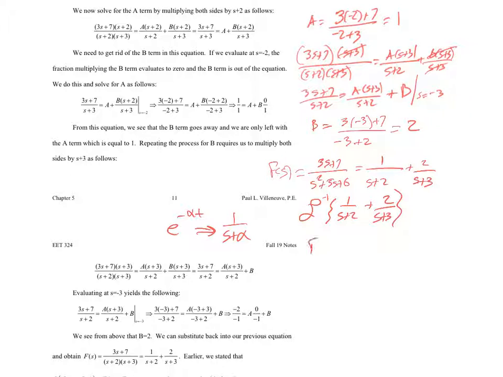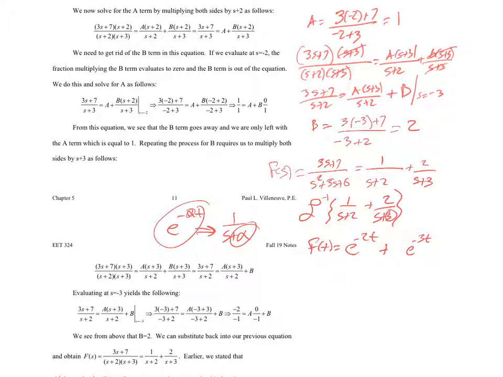So f of t is equal to e to the minus 2t, right? Because the alpha there is the same. So e to the minus 2t plus e to the minus 3t, right? Because this alpha here and here, they're the same.